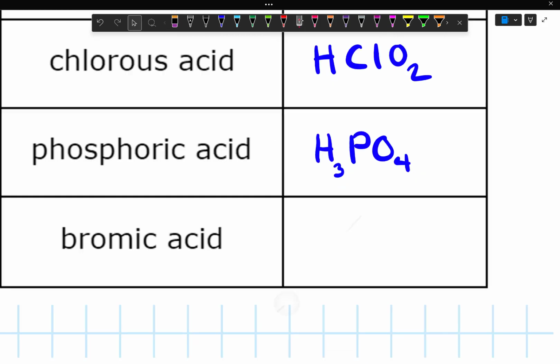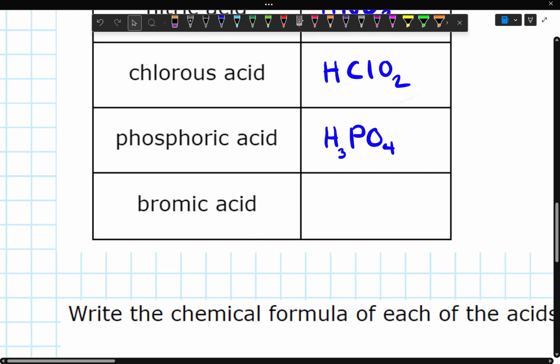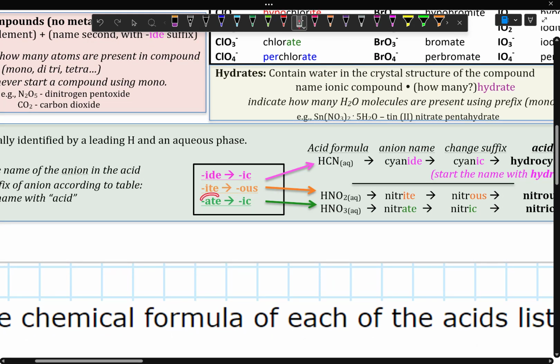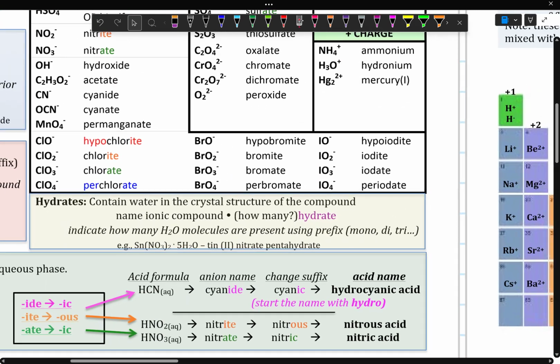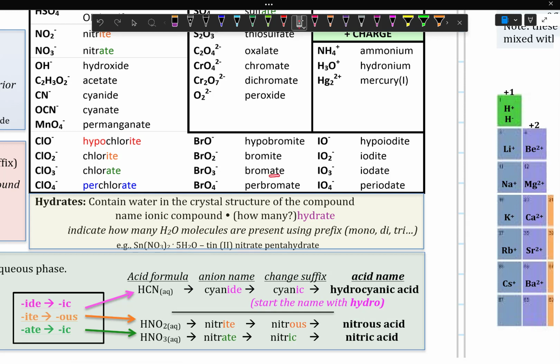So moving on to bromic acid, we have an IC again. And we know that our IC corresponds with our ATE. And we have bromate here. So we have an ATE there, so that means bromate, BrO3, is going to be, and that's got a -1 charge.